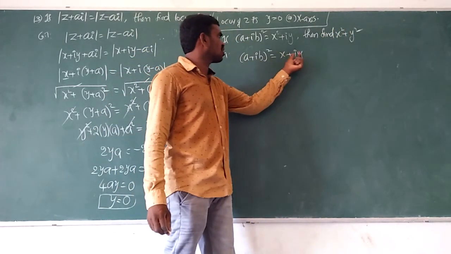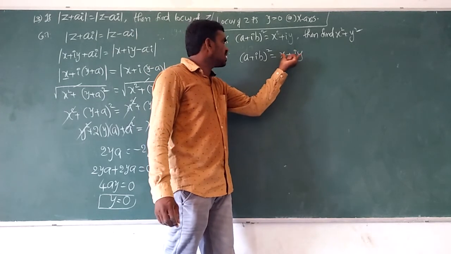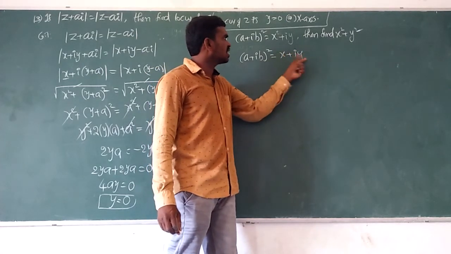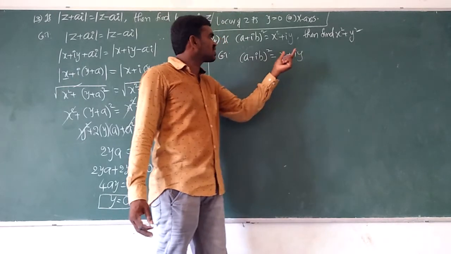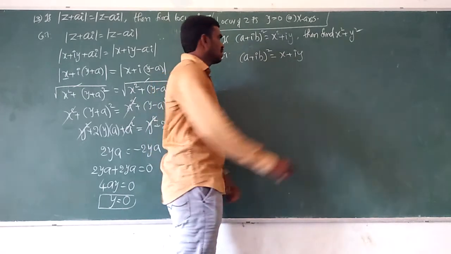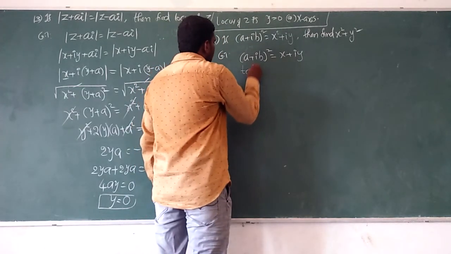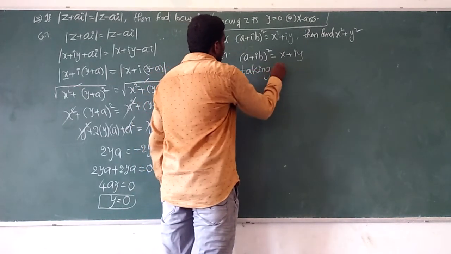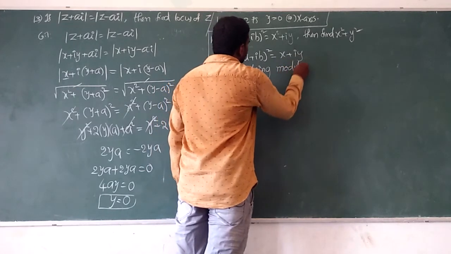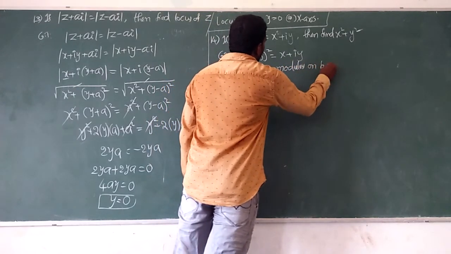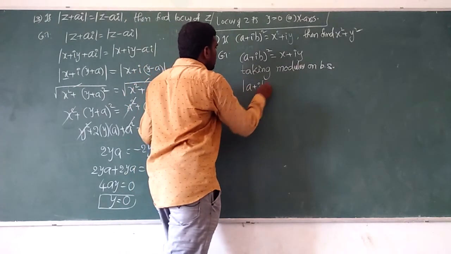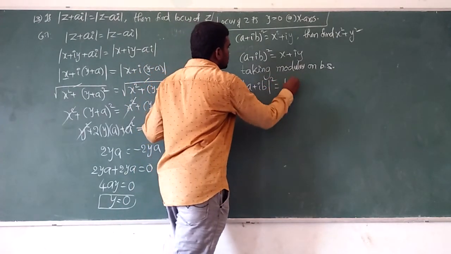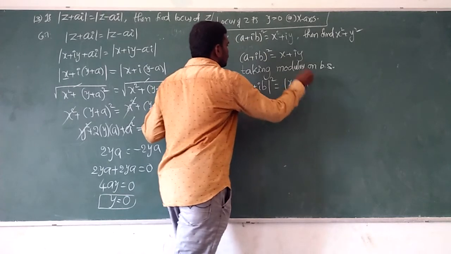How can we get x square plus y square from this? If it consists of modulus, then we can write x square plus y square. But is modulus there? No. So first of all, I am taking modulus on both sides. Therefore, taking modulus on both sides, modulus of a plus ib whole square equal modulus of x plus iy.